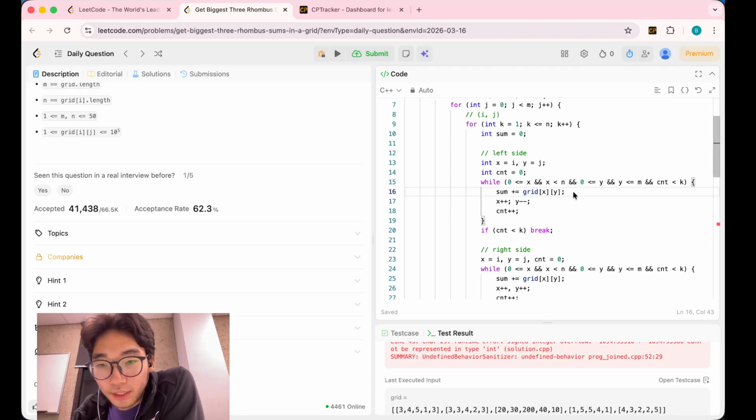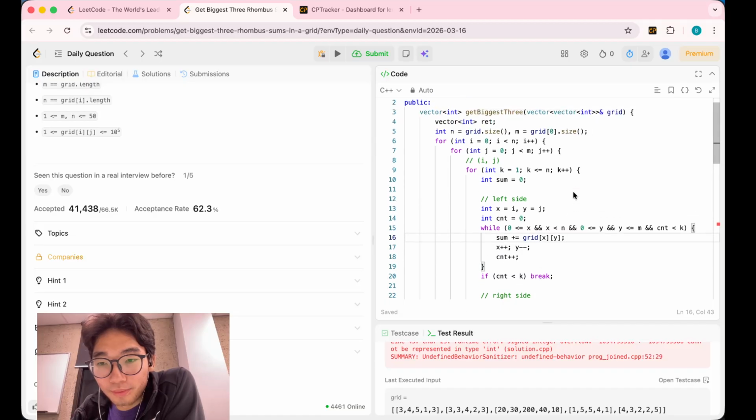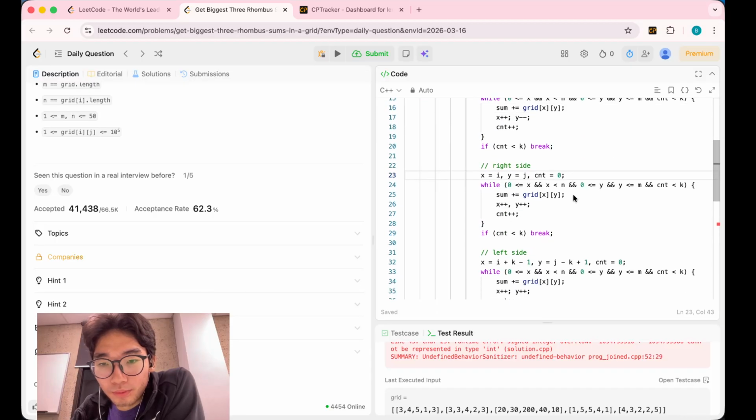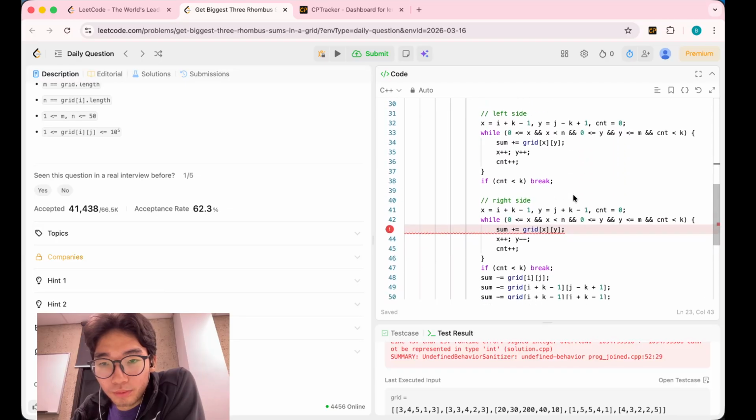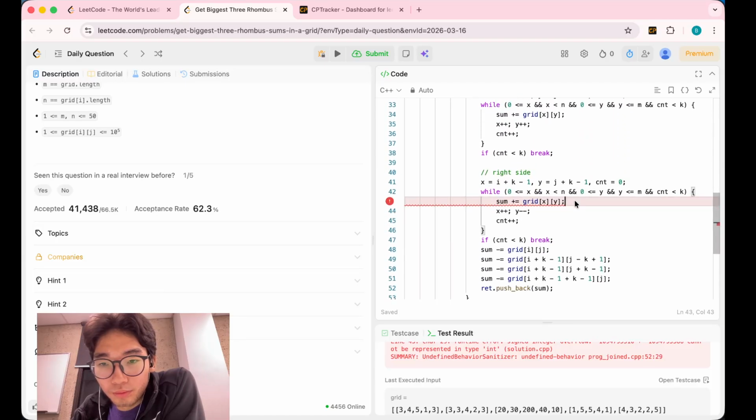Create x, y, x plus x. Oh, okay, maybe that's why.